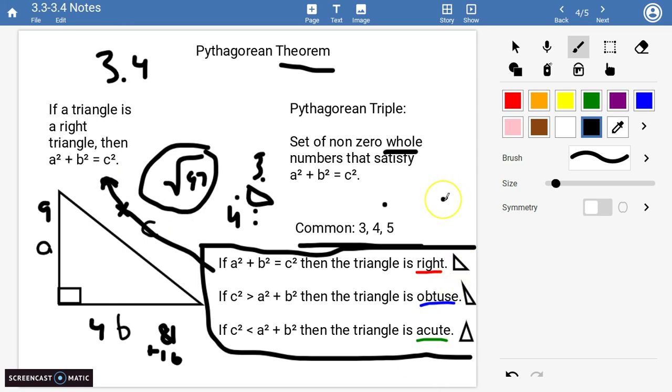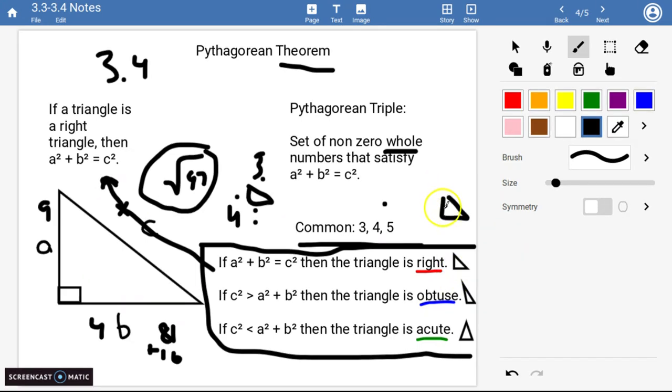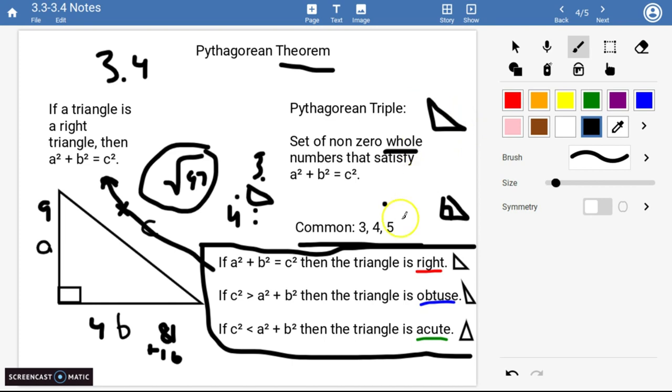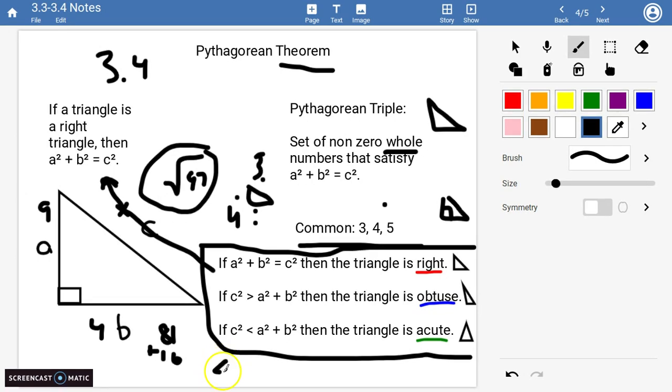So if you see anything that kind of looks like that, that's a right triangle. But if c squared is greater than a squared plus b squared, then it's obtuse. So if it looks like that, like that right there, and if c squared is less than a squared plus b squared, like this, then it's an acute triangle.